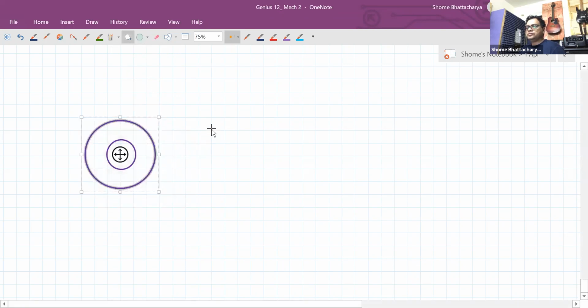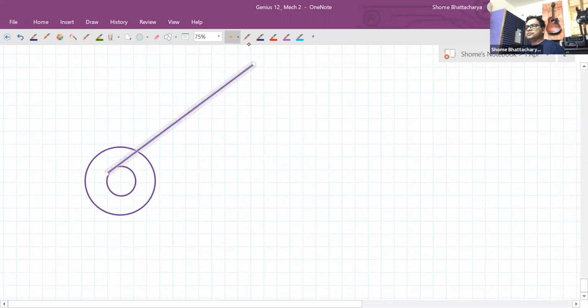Okay. Now next what you do here is you apply the superposition method for understanding the relation between this omega and this. Now suppose this was only spinning.